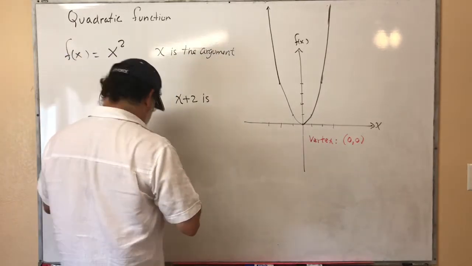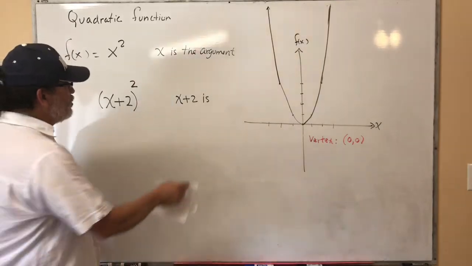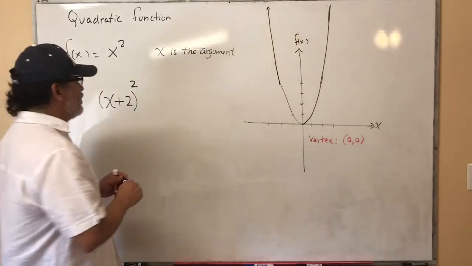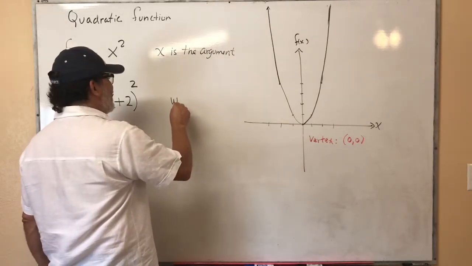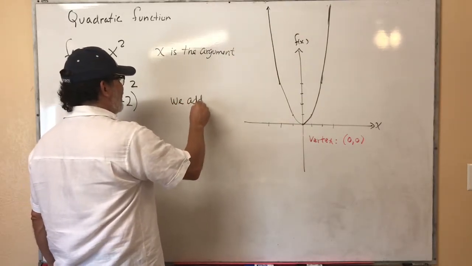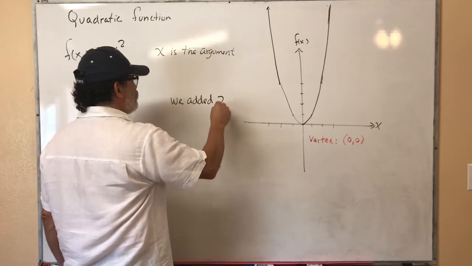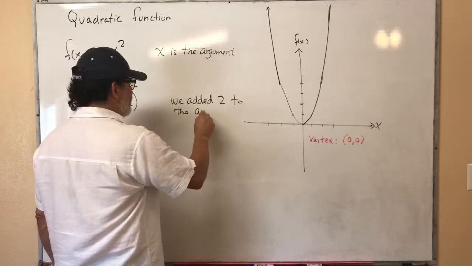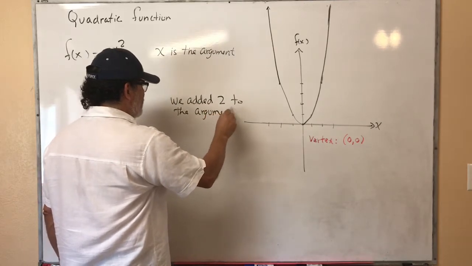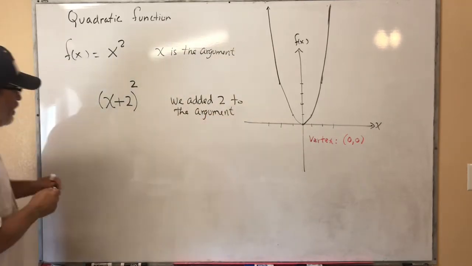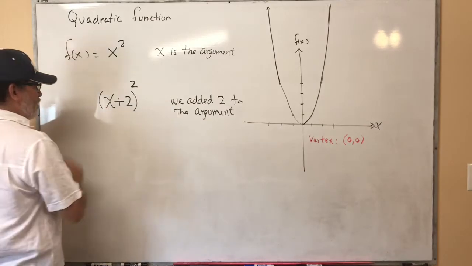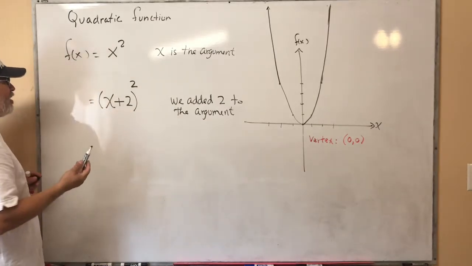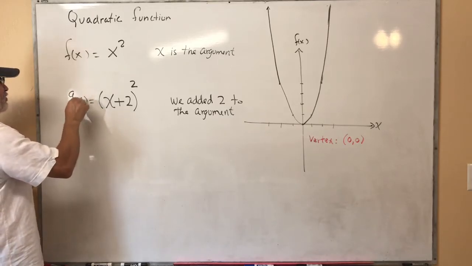So I should say it like this instead. We took the old argument and we added 2 to the argument. That's it. And here it is. That's the new argument. Let's call it a different name. Let's call it g of x.